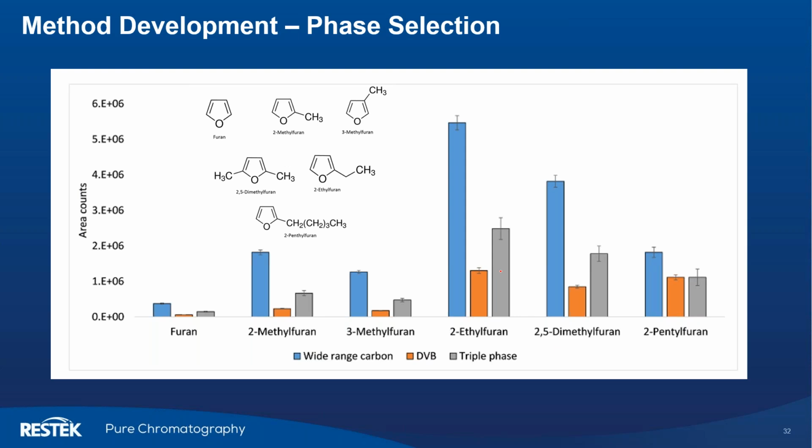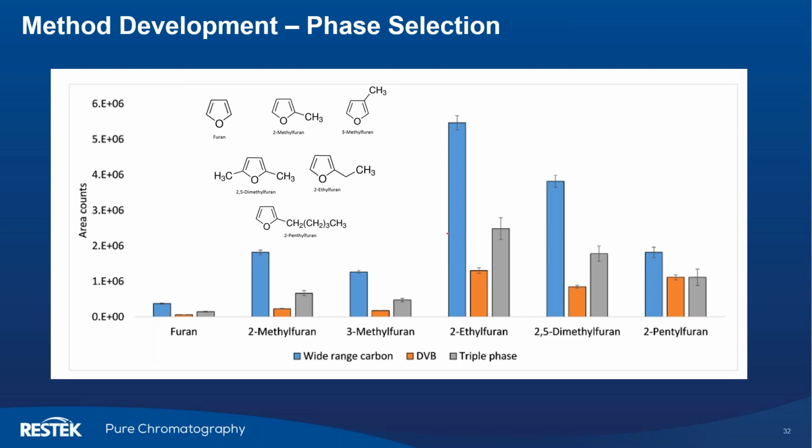And as I mentioned, many laboratories will just immediately use the triphase fiber, but you can see from this graph that the triphase isn't always the best to use, right? So what is influencing the extraction of these analytes the most is actually the carbon, and the carbon loading is going to be much higher on the wide range carbon compared to the triphase because it has both the carbon and divinyl benzene within the coating.